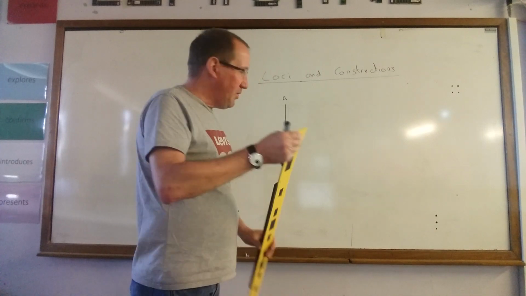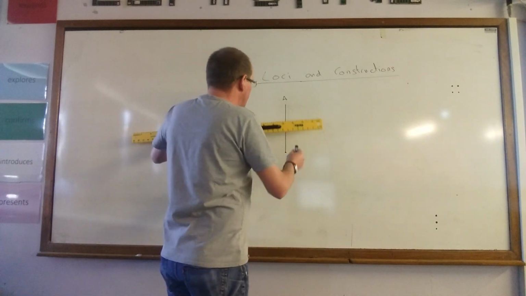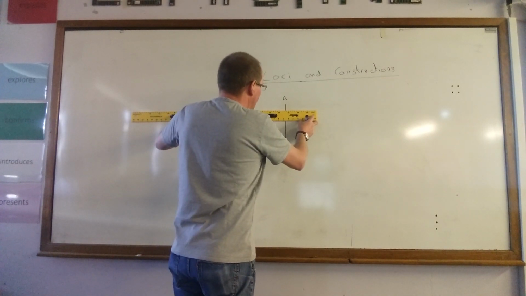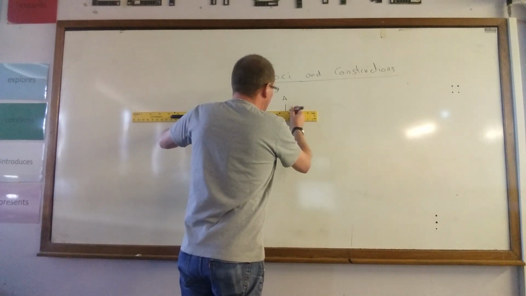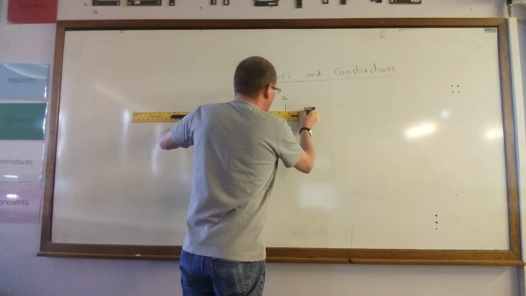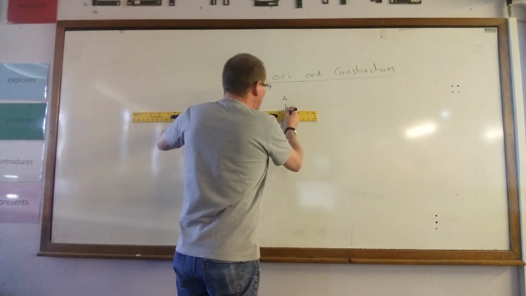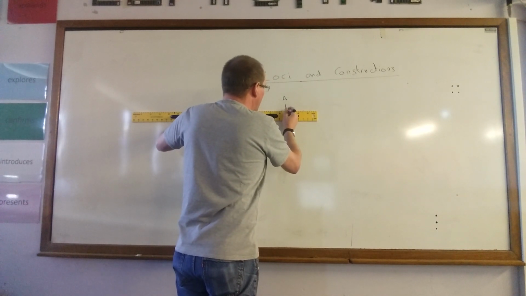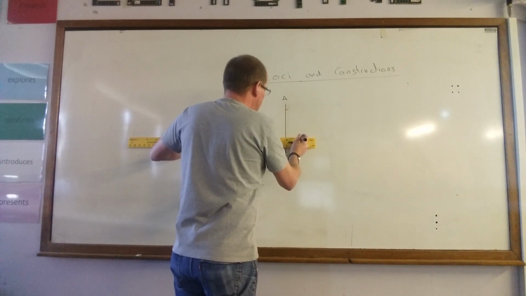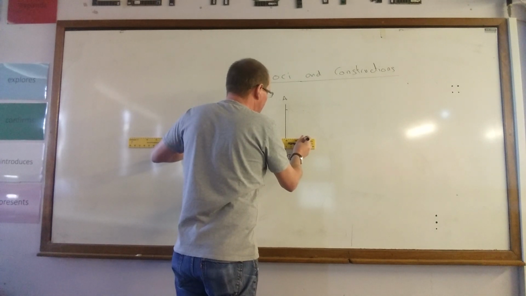So you are, first of all, going to measure away from this line 3 centimetres. I'm using my scale, I'm getting a point there. Make sure you draw it at a right angle. Make sure you go perpendicular away. You can go down there, another point perpendicular away, 3 centimetres.